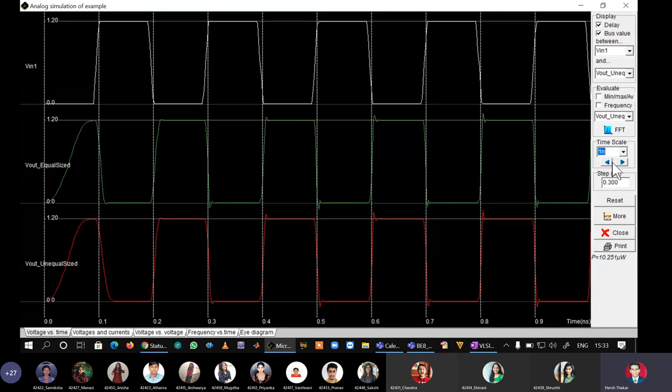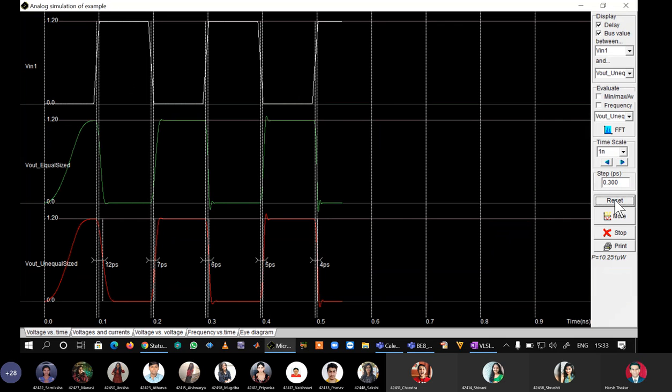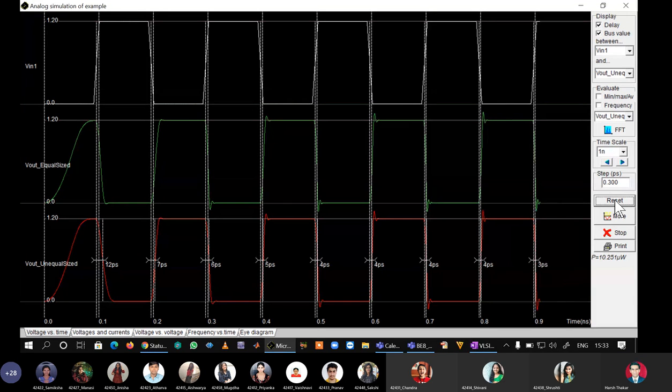We see that both the inverters are giving a complement of the output. So V out is a complement of V in one. But now we have to see about the rise times and fall times. Yes, so we see here, please see carefully.